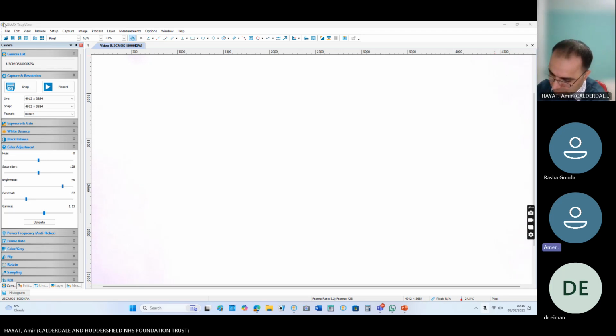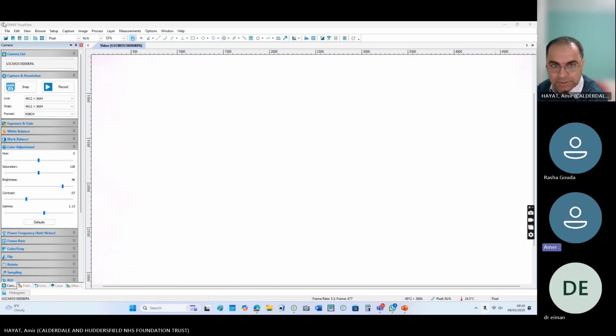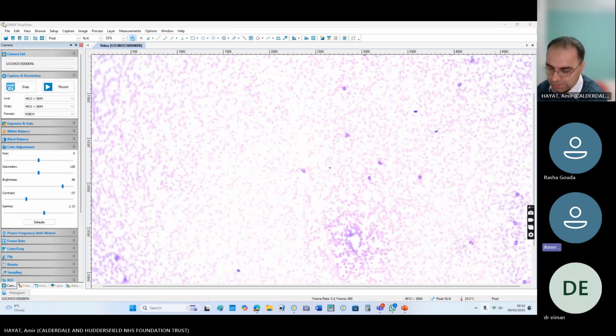The full blood count was done and it shows Hb of 98, normal white cell count, and slightly low platelets.